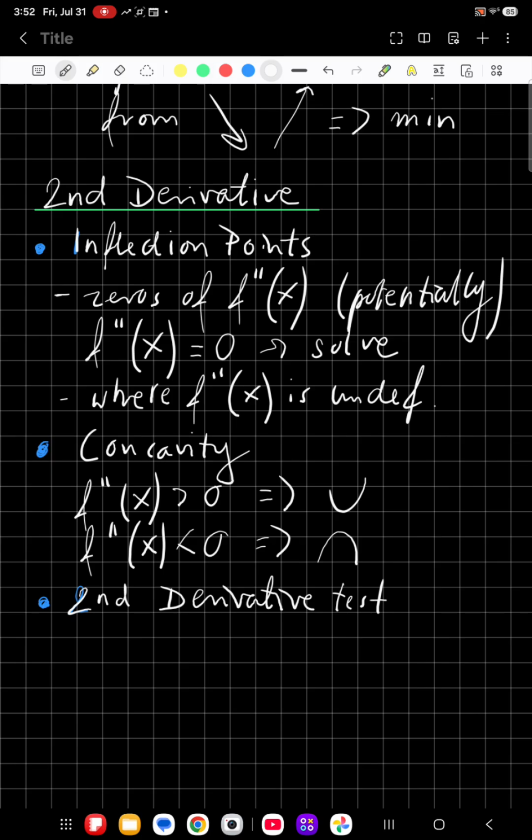I'll give you more information in a moment, but basically when the concave is up, we have a maximum. When the concave is down, we have a minimum.